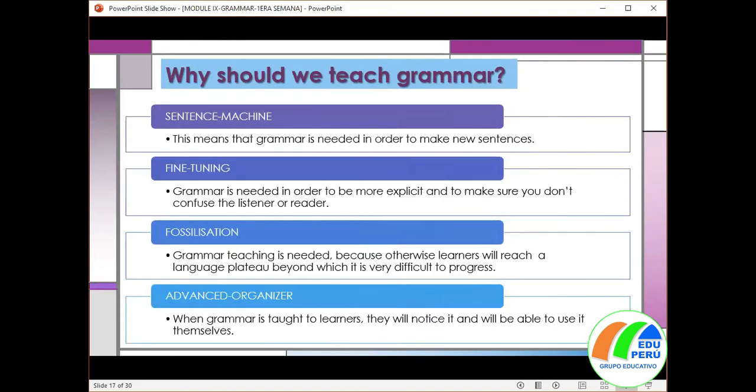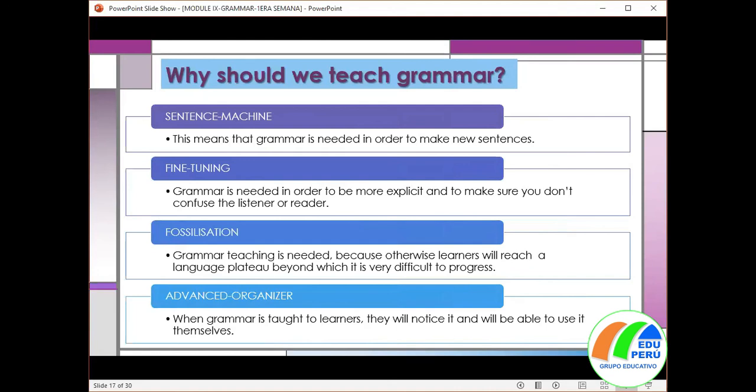So why should we teach grammar? We are going to analyze here some aspects. One of them is the sentence machine. This means that grammar is needed in order to make sentences. If you want to make sentences, you need grammar. That's why you call this the sentence machine.